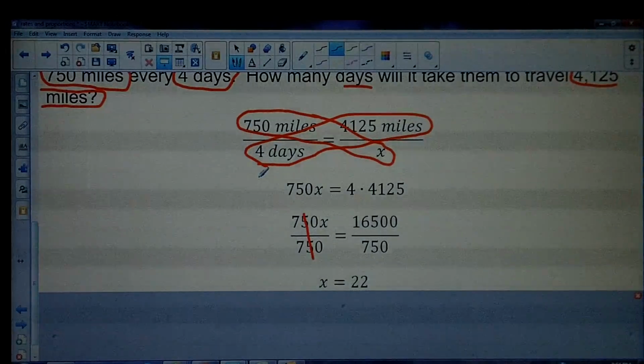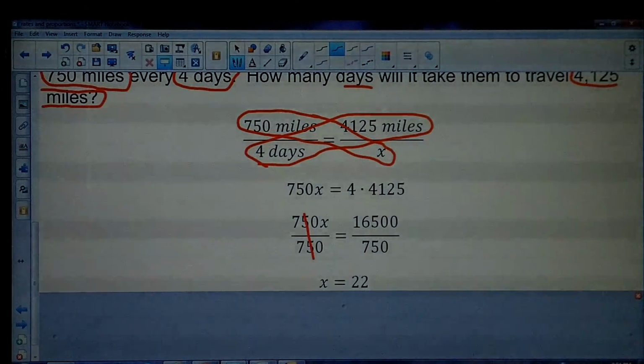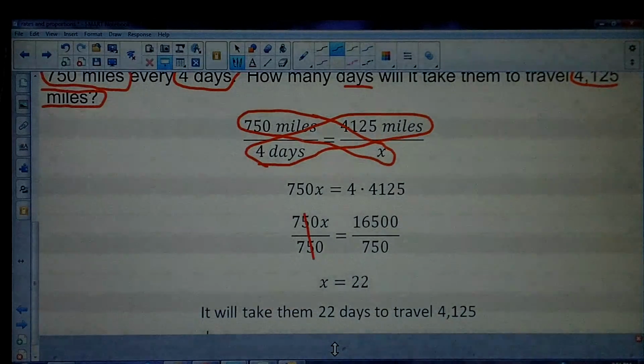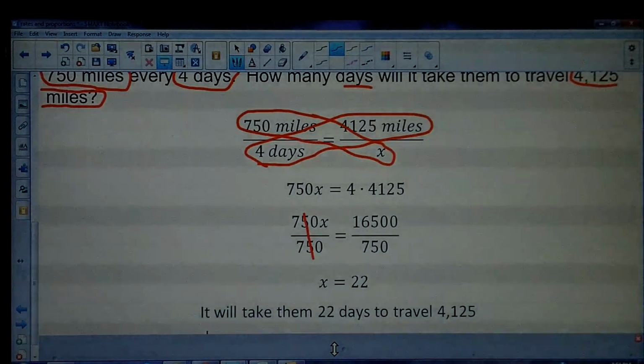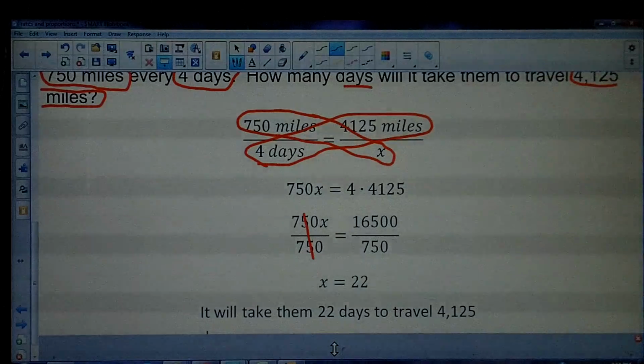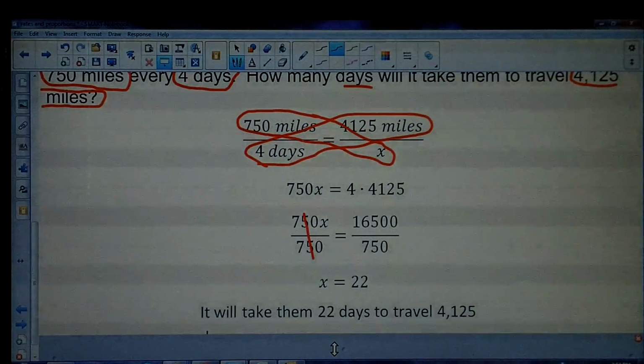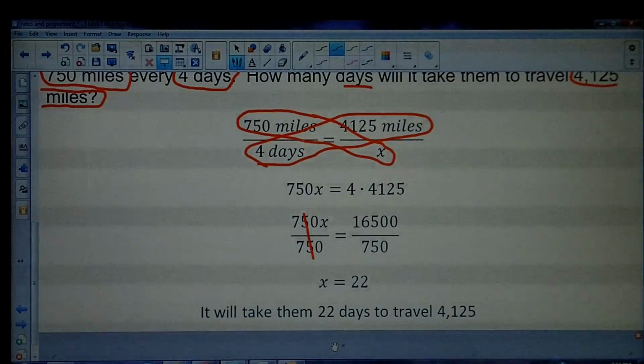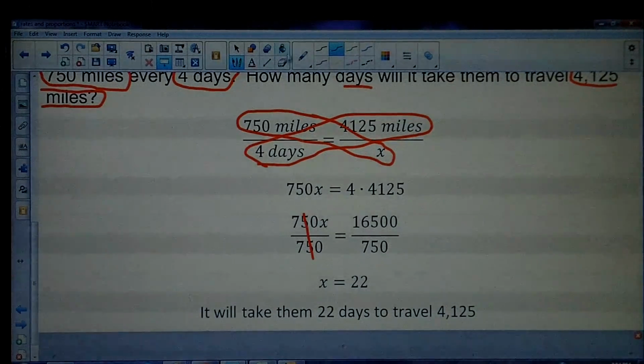But remember, I need to answer my question. How many days will it take them to travel? It will take them 22 days to travel 4,125 miles. Oh, I forgot the word miles.